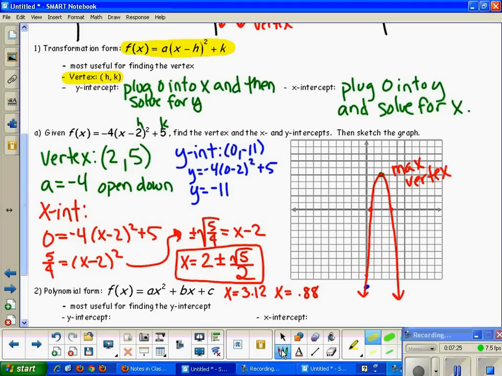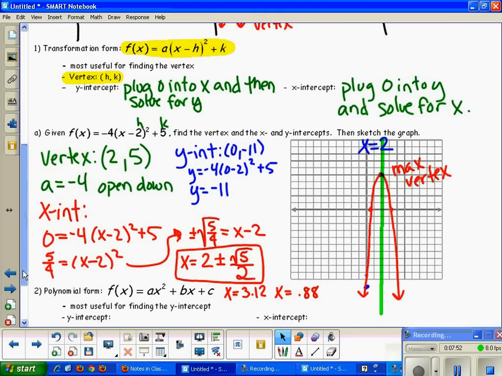So for my vertex, I know that if I were to cut this graph in half this way, each side of my graph would match up with the other side because, again, your vertex is the place where your axis of symmetry hits. And so then we say the axis of symmetry would be x is equal to the x coordinate of your vertex. So x would be equal to 2 for the line of symmetry. So that is our transformation form.